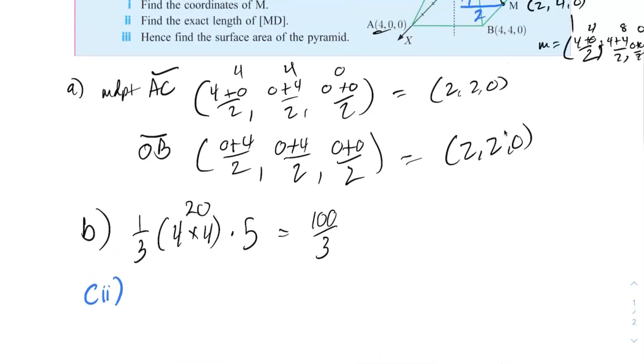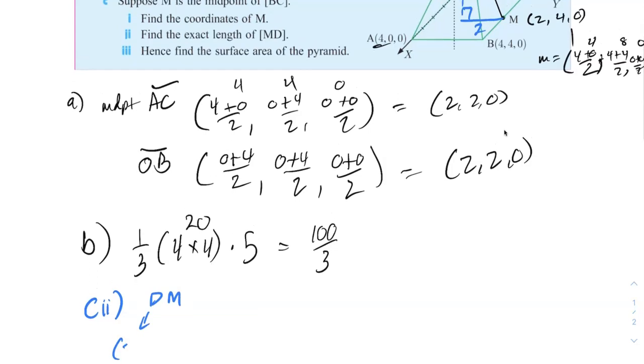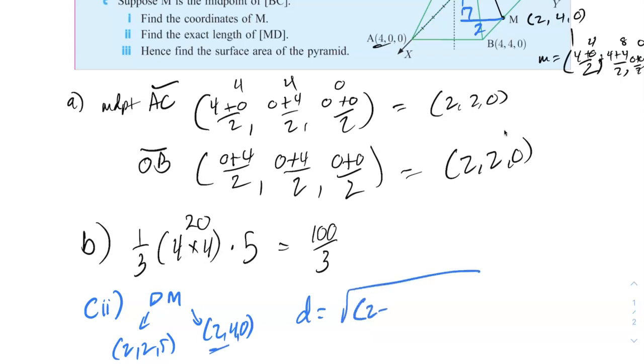This is the distance formula for DM. D is (2, 2, 5) and M is (2, 4, 0). So if I did the distance formula, it's going to be x2 minus x1 squared plus y2 minus y1 squared plus z1 minus z2 squared.